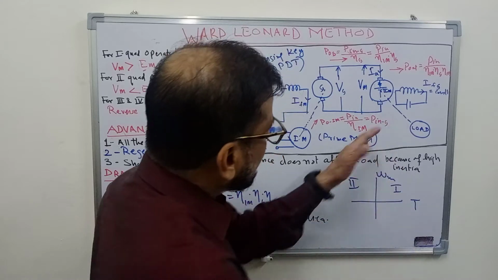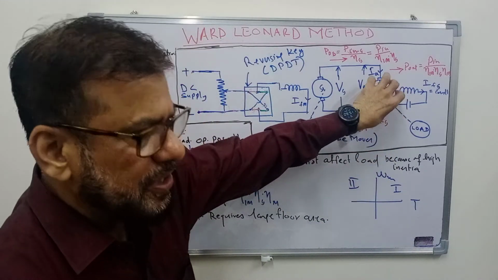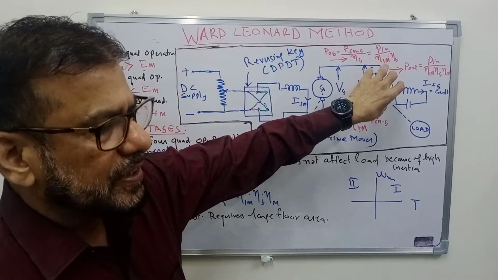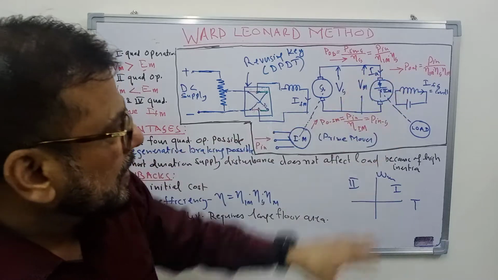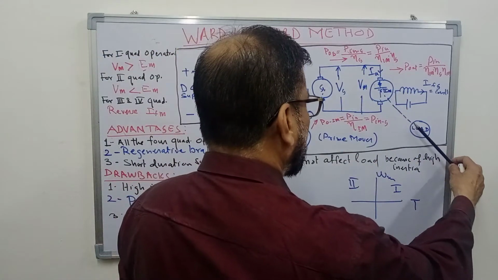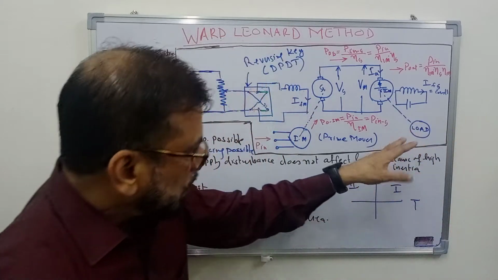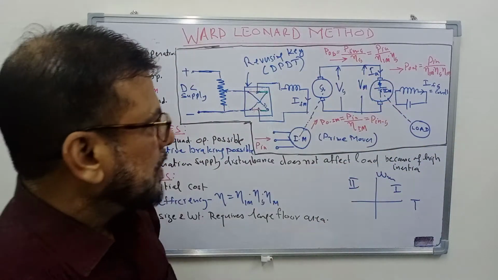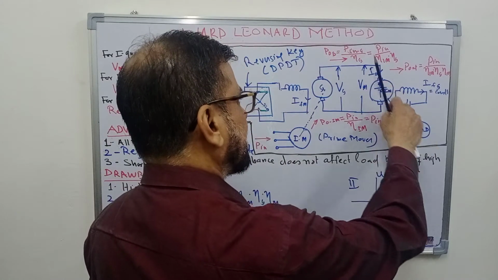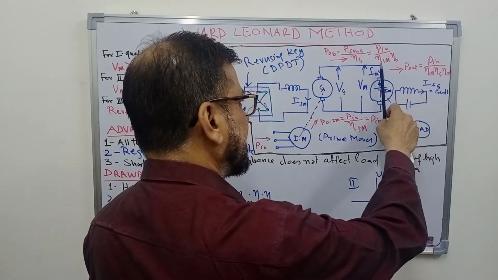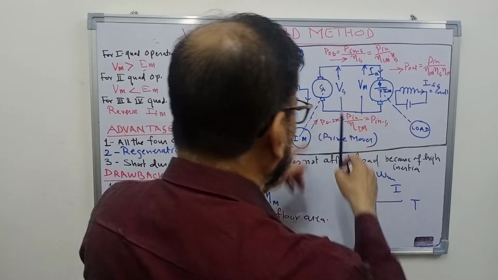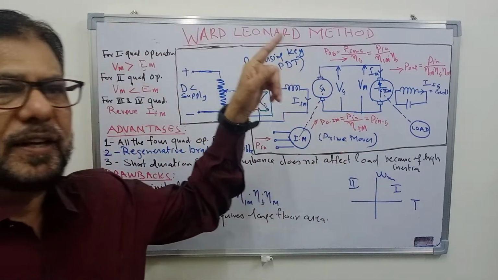This means that now this machine starts working as a generator. The power flows from the mechanical system of the load; the mechanical energy of the load and the motor is converted to electrical energy, and this electrical energy flows back here, and this generator is now working as a motor.